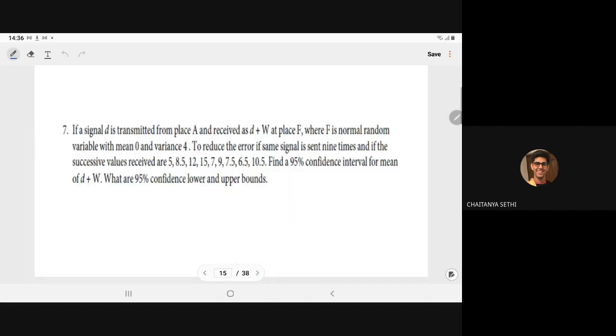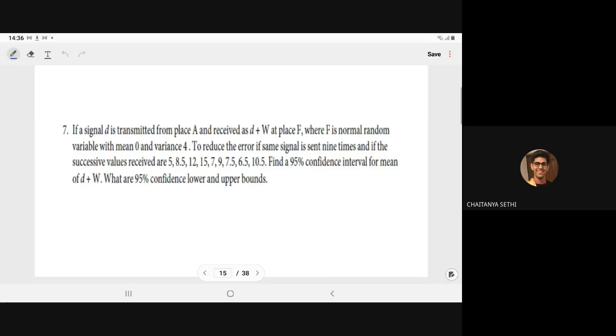If a signal D is transmitted from place A and received as D plus W at place F, it means there is some change in the signal. D becomes D plus W, where W is a normal random variable with mean 0 and variance 4.